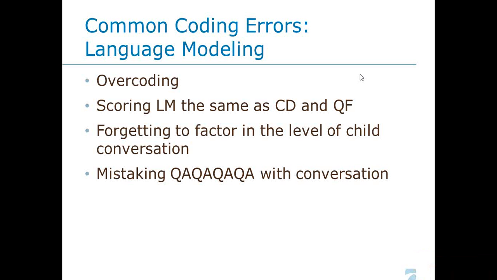Remember, language modeling is about facilitating and language stimulation. So we want to hear the children talk. We want the teacher to ask those open-ended questions and give the children the opportunity to respond and not answer them herself.